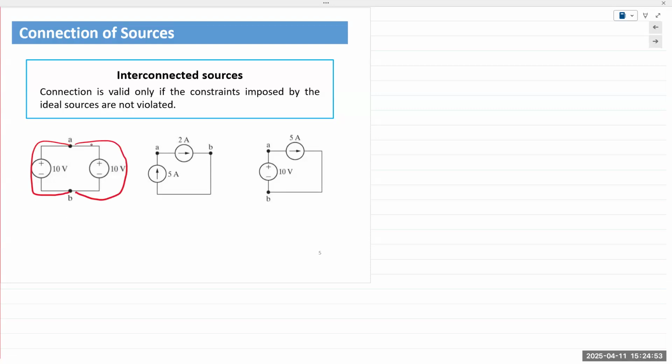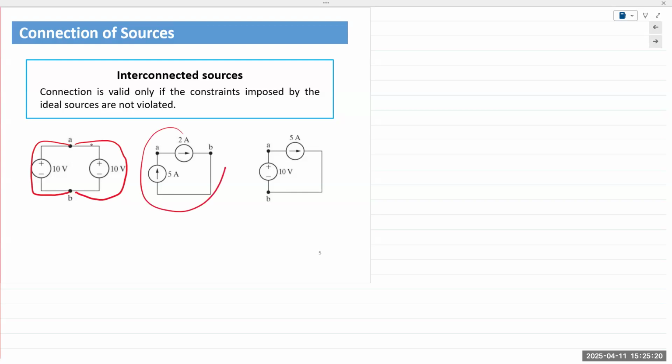If you have a 10-volt source on one side, you connect a 10-volt source on the other side, yes, you can make a connection like that. So it is permitted. All you would do with this is actually increase the amount of current that is flowing in the circuit. Obviously, this is a very simplistic example. You're not doing this right now.